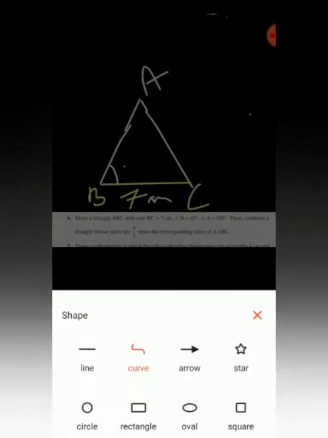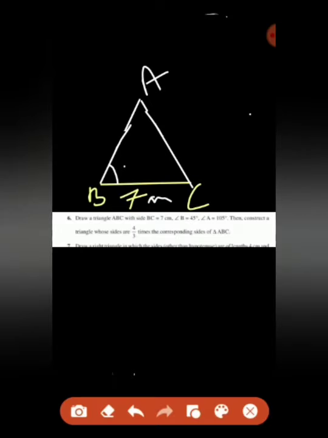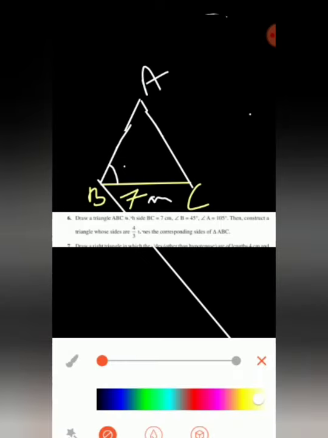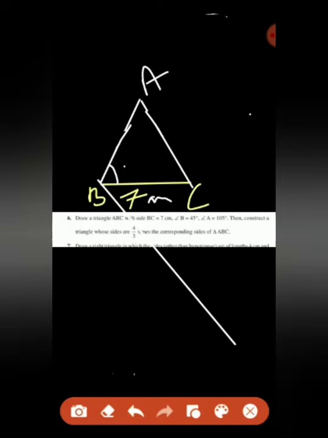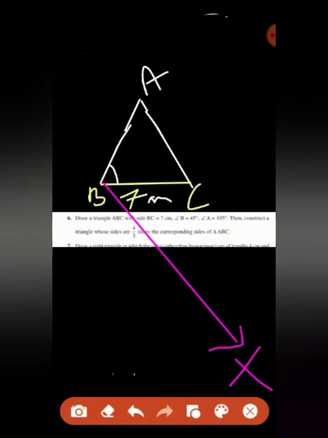Okay, after this, you take a ray from B like this. Okay, let me use another color here. Take a ray from B like this. Okay, after this, name this point as X.